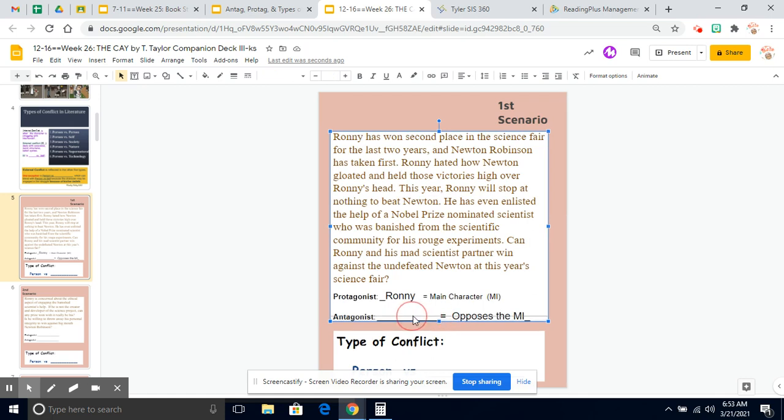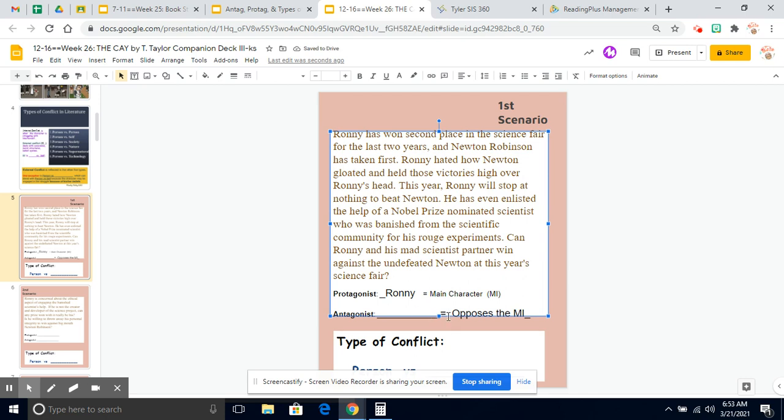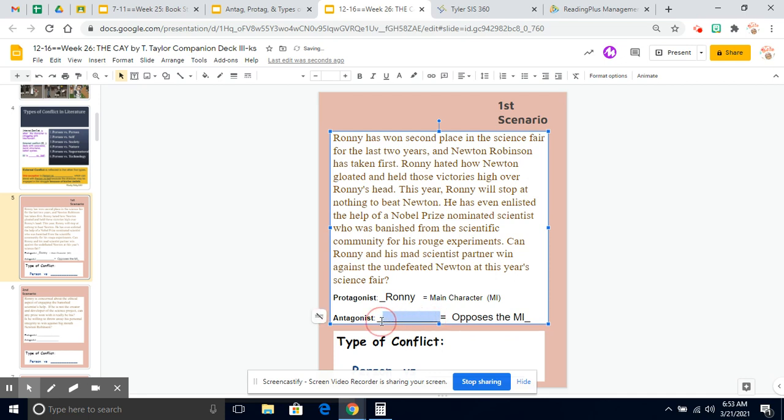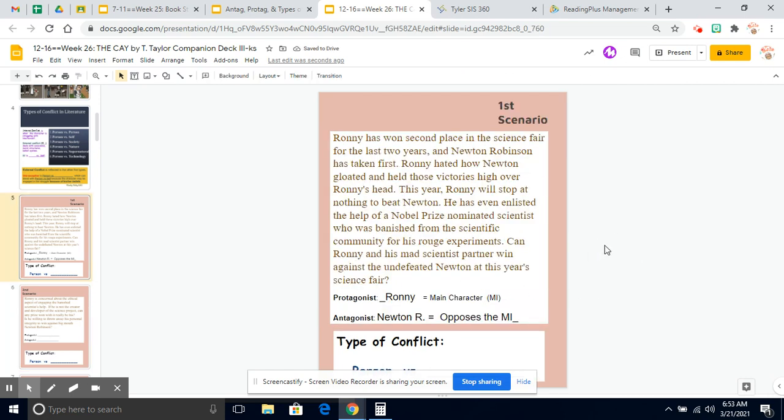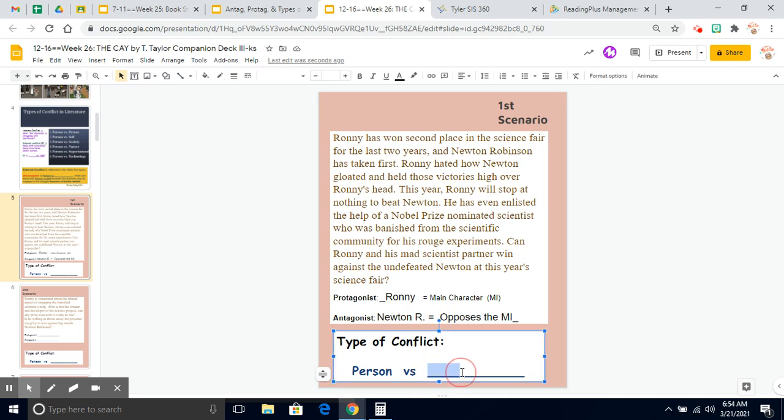So, who is opposing Ronnie? Well, that would be old Newton. So write N-E-W-T-O-N, Newton R. Okay, so the type of conflict, since Ronnie is a person and Newton is a person, the type of conflict is person versus person, obviously. That is how you do this sort of thing.